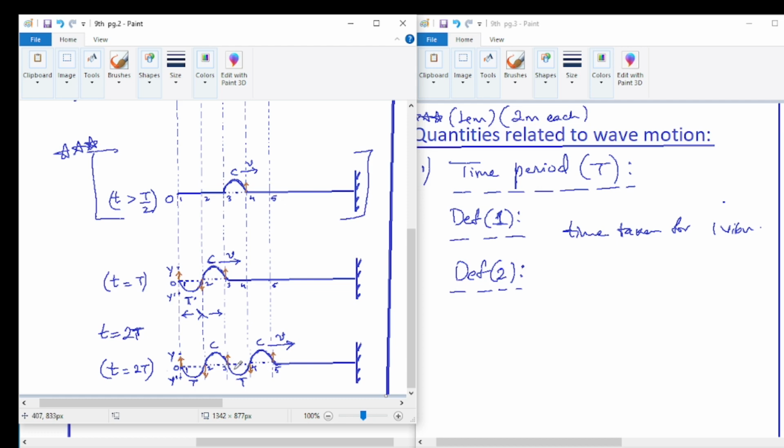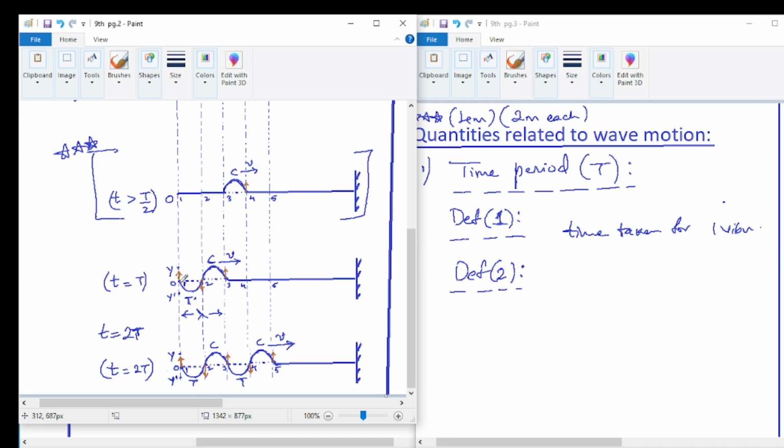So time period, now we have another new meaning. This is the time taken by one complete wave to pass through a point like particle 3. Not just particle 3, in the first time period through particle 1, the point representing the particle 1, again one full wave has passed through this point.